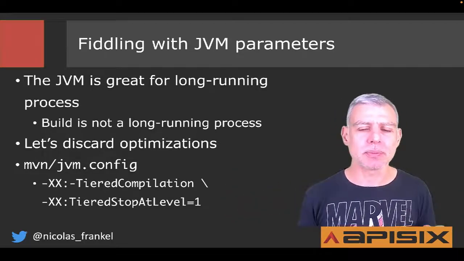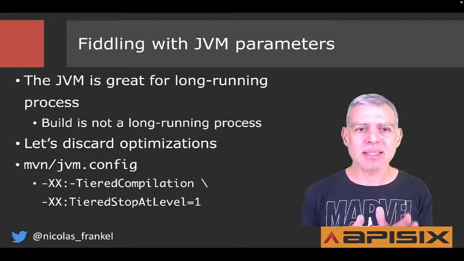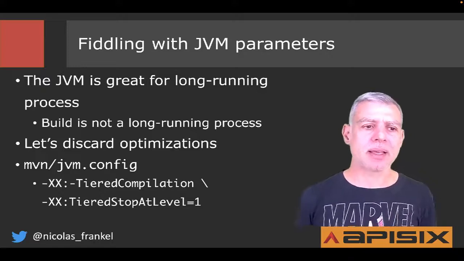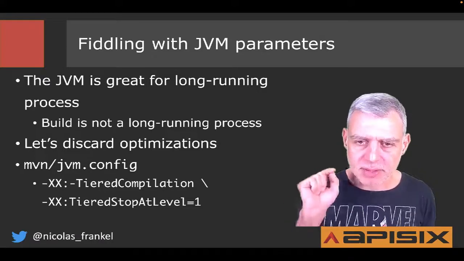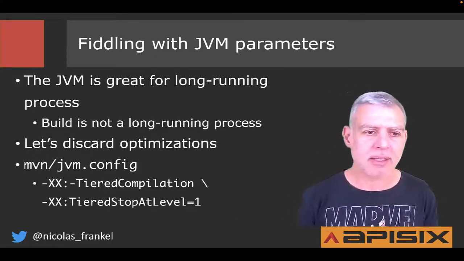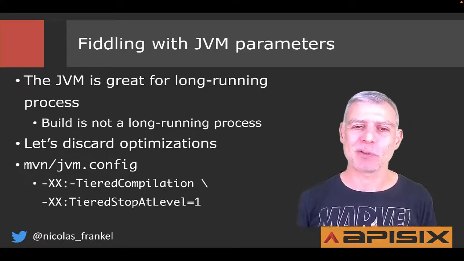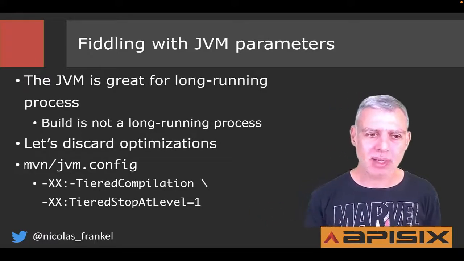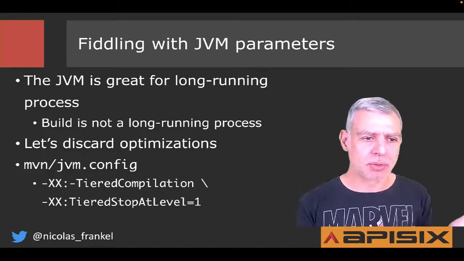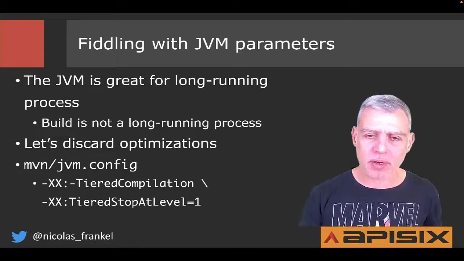So what you can do is you can create a dedicated folder and then inside it you create a jvm.config file, and inside you pass the JVM parameters you want Maven to use. So here I use those ones. You can use other ones.